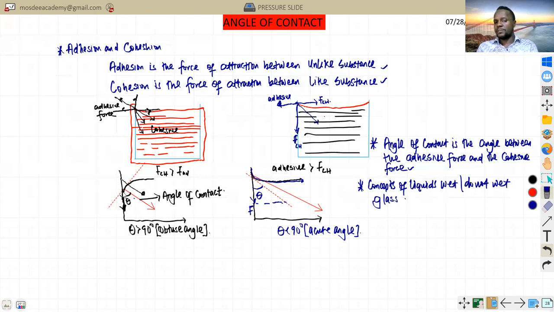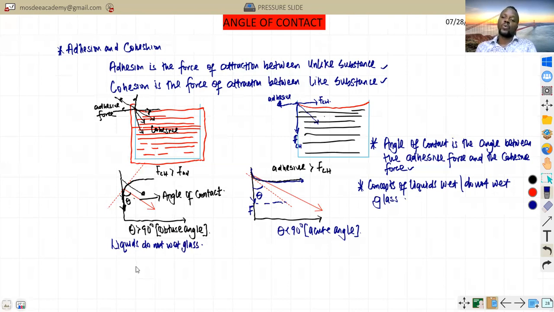If we look at this case very closely, with an obtuse angle, look at the direction of the meniscus from here. The direction is going outside. And when it is going outside, we say liquid does not wet glass.